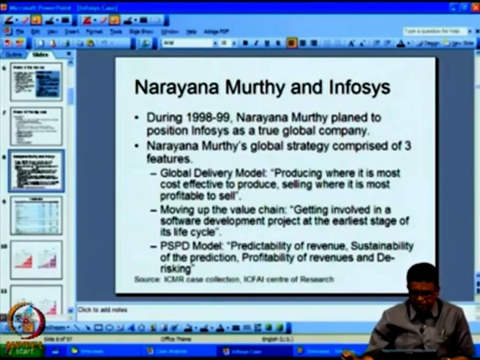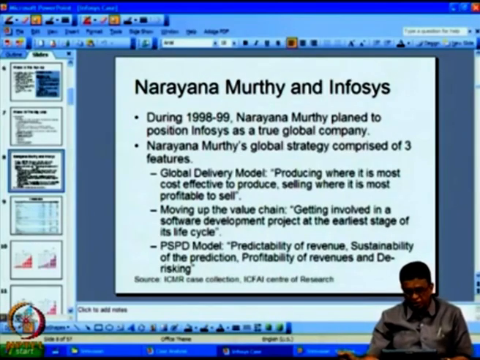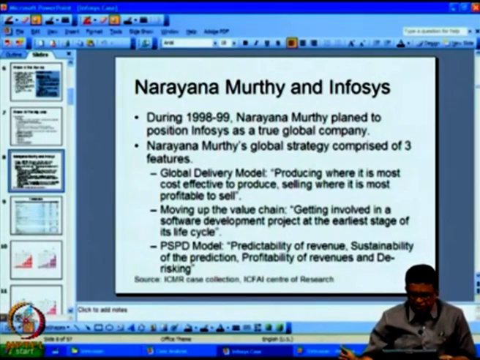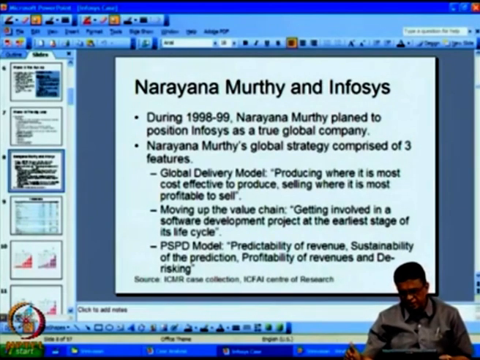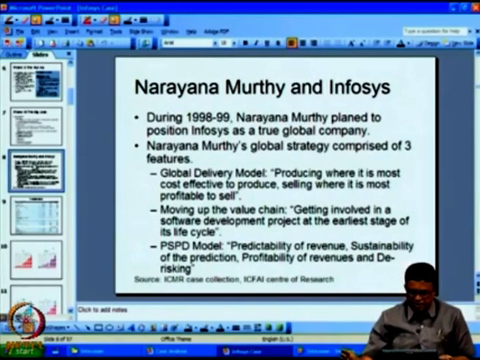He looked at 3 features of global strategy. That is a global delivery model, producing where it is most cost effective and selling where it is most profitable. Then the second feature was to move up the value chain, that is getting involved in a software development project at the earliest stage of its life cycle.